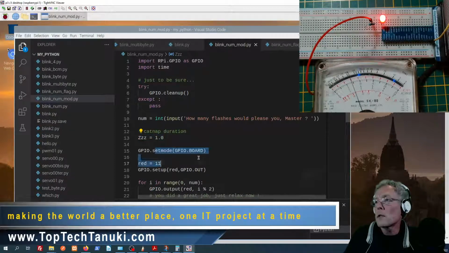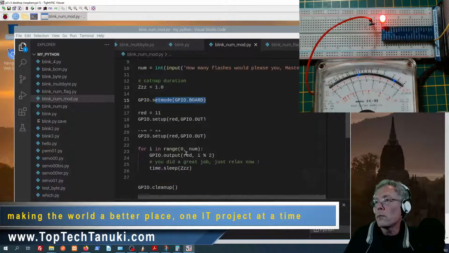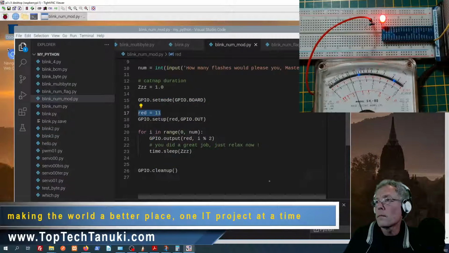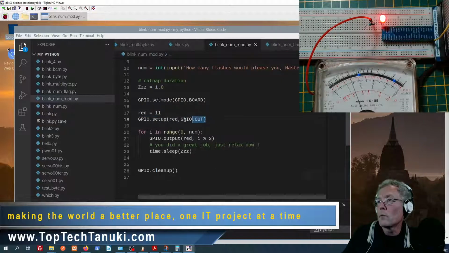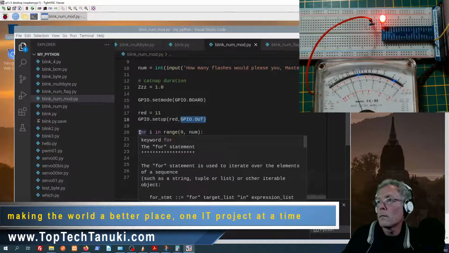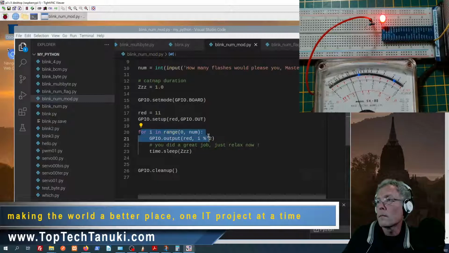We use set mode here with a board, and we will use the 11th pin here. Okay, set up in output mode here, and we will loop the number of times requested here in line 10.